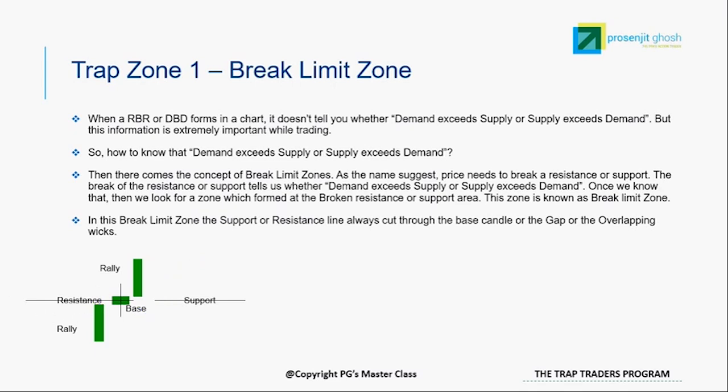Similarly, there is a drop followed by a base candle followed by a drop candle, and the support line is cutting through the base candle here. When that happens, we call it a break limit zone. This is a supply break limit zone.